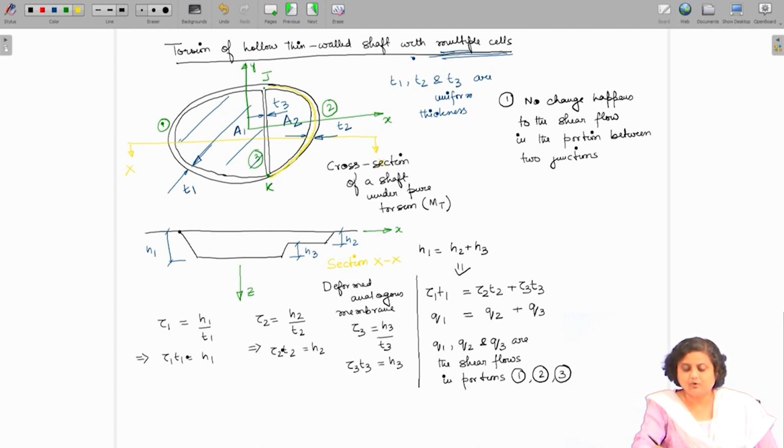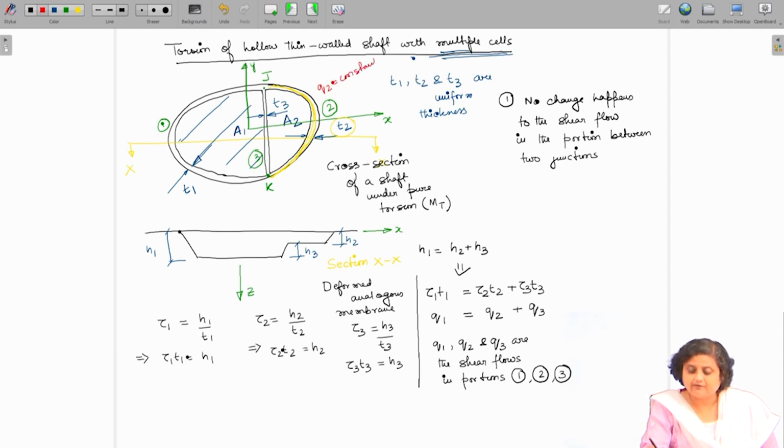So, the shear flow is not going to change in this portion. This is true even if the thickness T2 is varying. Here for this particular problem I have considered T2 to be uniform, but even if T2 is varying, Q2 is going to be constant in this portion.